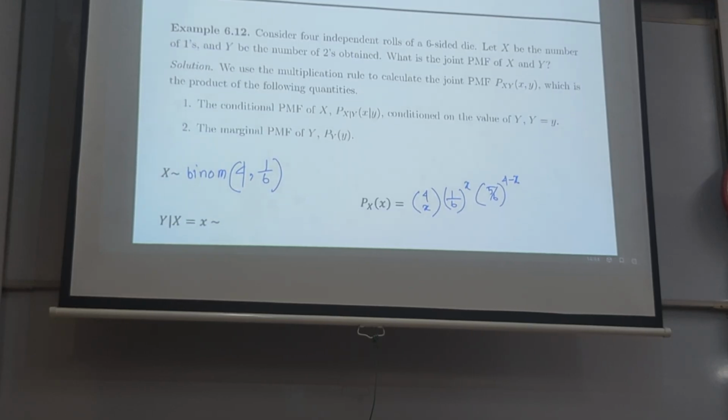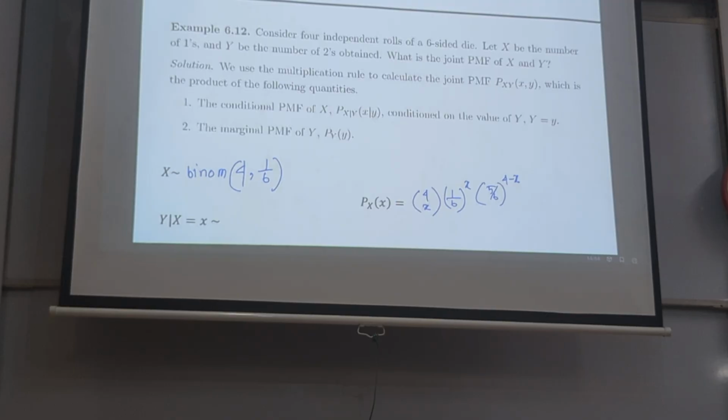Now, for y, we are counting the number of twos. In how many rolls? 4 minus x. Like the number of ones, they should be excluded.